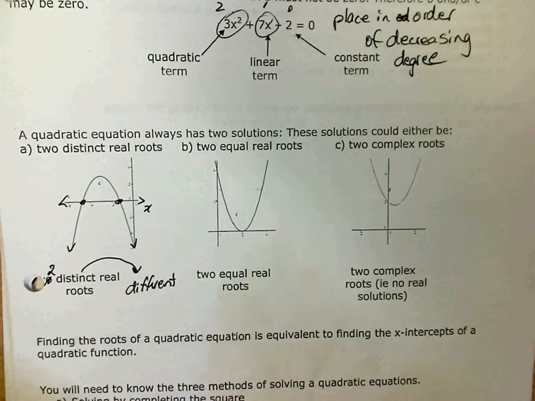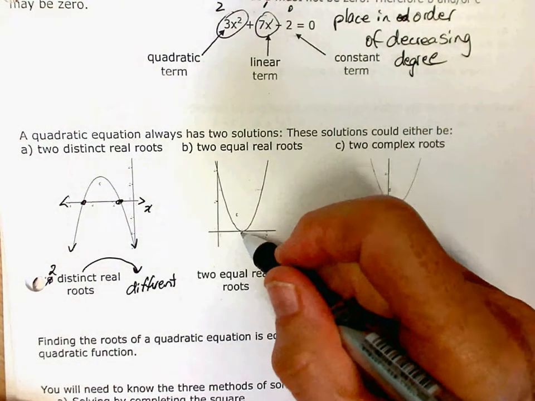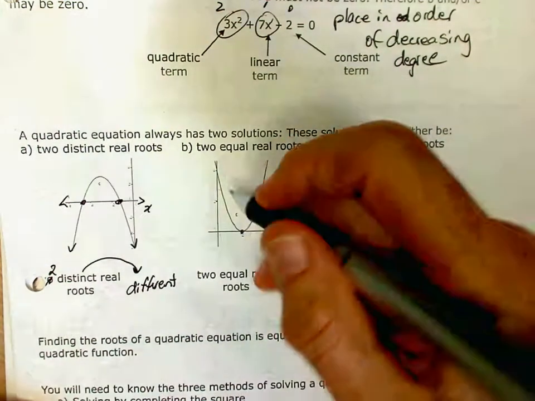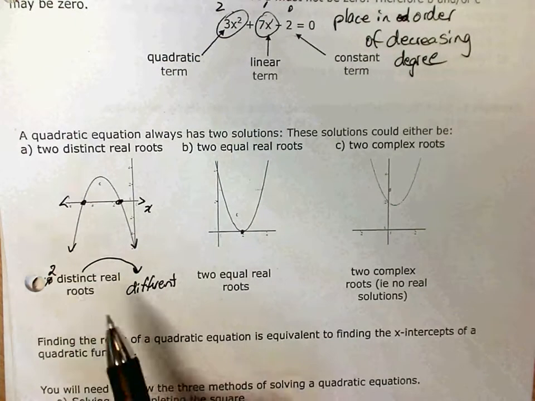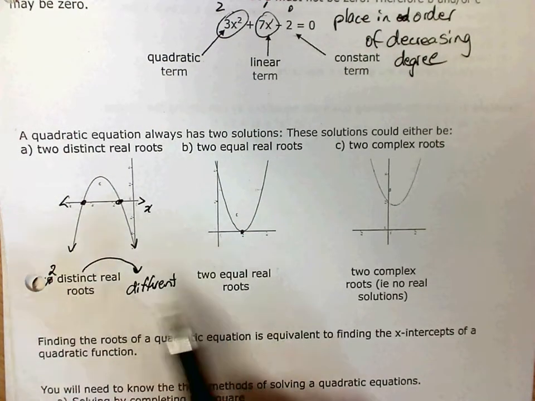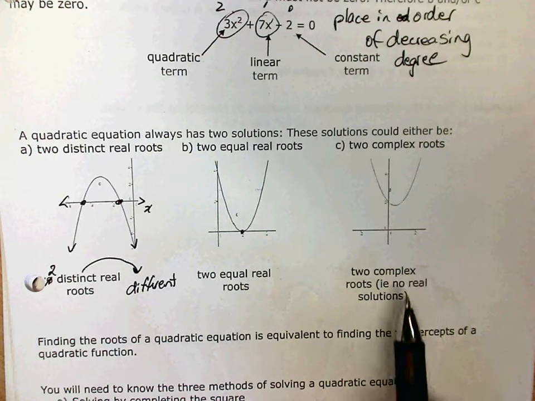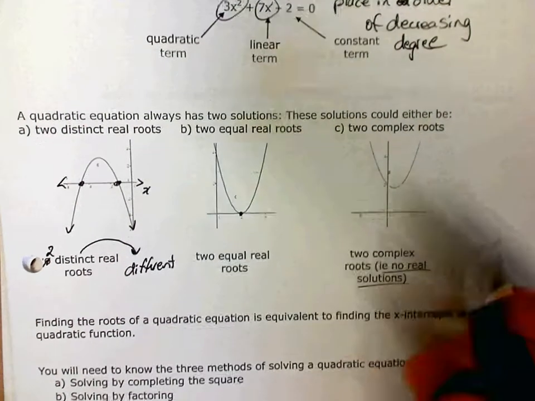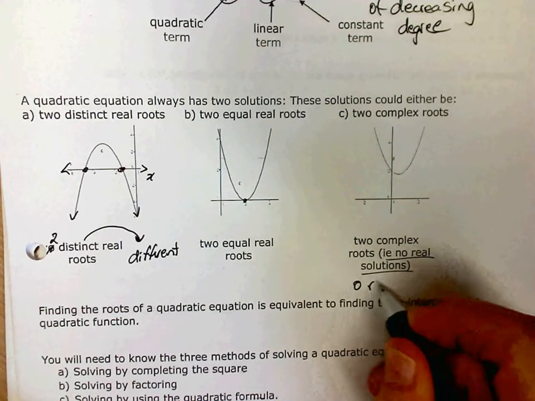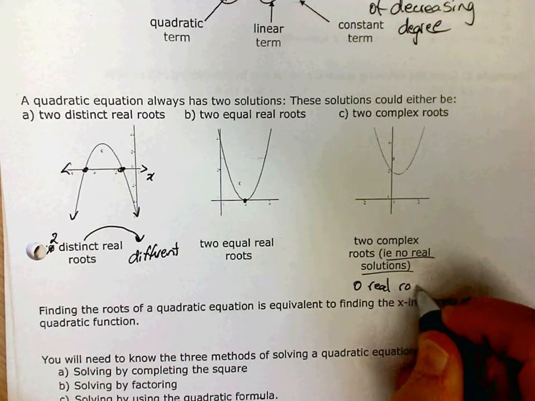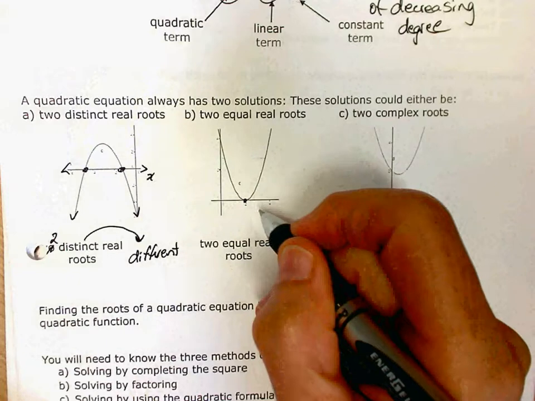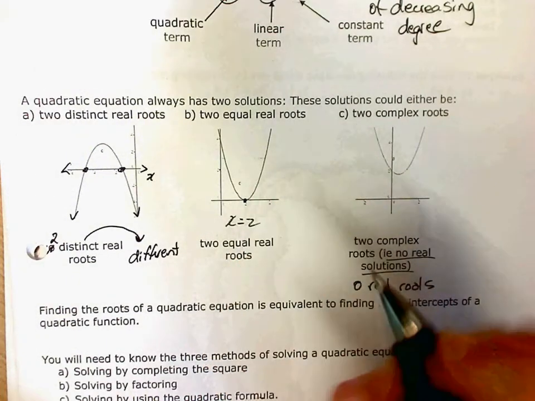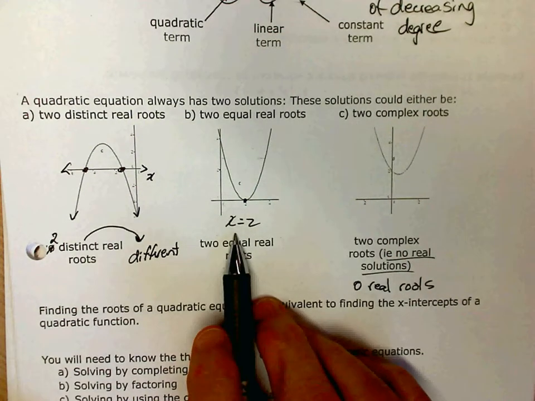Now, this is the case of two equal roots. They do this for consistency, because you have two distinct real roots, two equal roots, or two complex roots, in other words, 0 real solutions or 0 real roots. So here, the root is x equals 2, and they just say there are two equal roots.